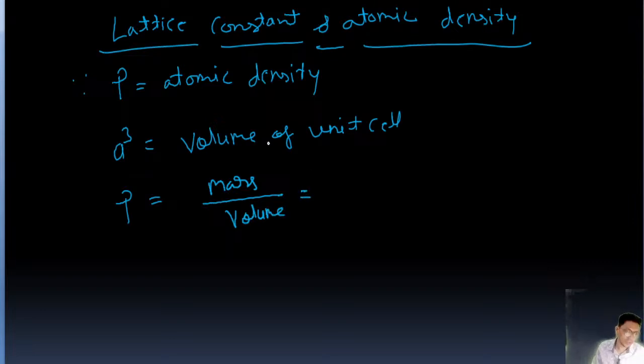Mass is going to be N effective, the number of atoms, into the mass of one atom, which is small m, upon the volume. The volume is a cube, the volume of the unit cell.